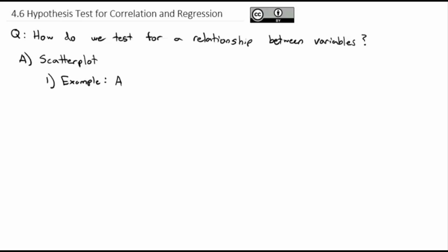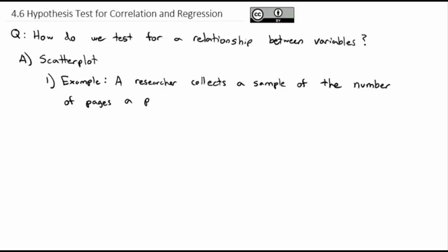Let's say a researcher collects a sample of the number of pages a person reads based on their age.